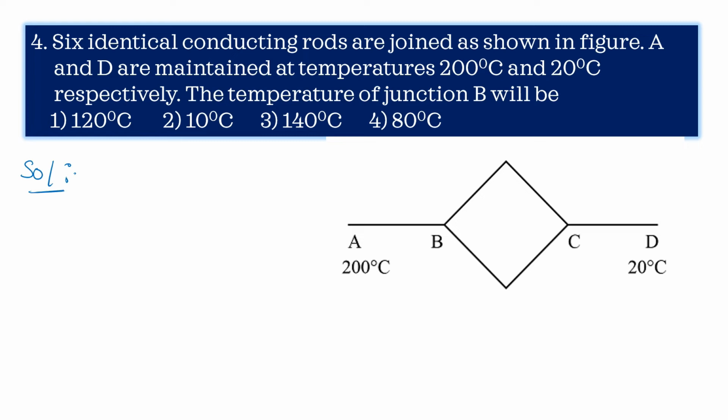Here A to B, we are taking the temperature differences, delta theta 1 is to delta theta 2 is to delta theta 3.